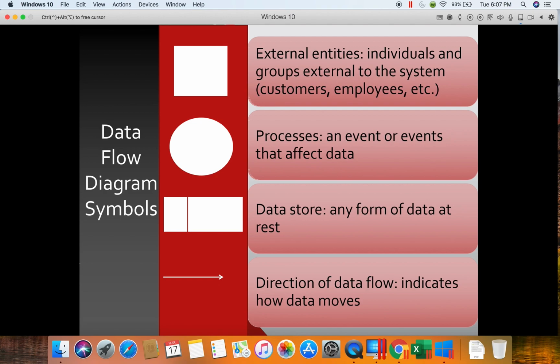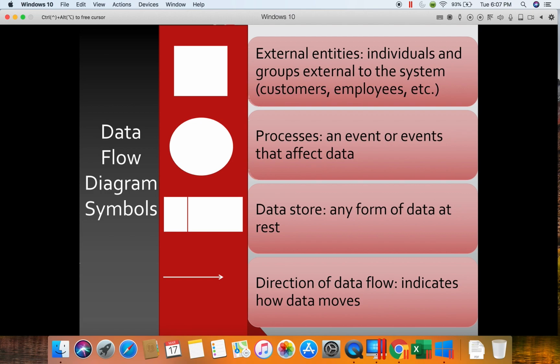A data store is a place where we are storing or the data is resting. It could be a filing cabinet for paper data, or it could be a database being stored on a network if it's digital data. And then finally we have the directional flows or the arrows that indicate the movement of the data.